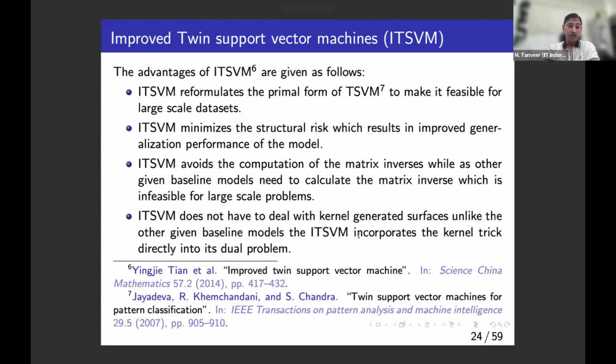It came in 2014, and the major advantage is that they reformulate the primal form of the twin support vector machine formulation in such a manner that the algorithm is feasible for large scale data.